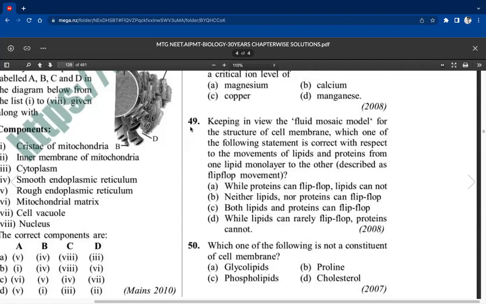Yes, sir. So some logic we can only understand through questions. If you find difficulty, just write down: the fluid mosaic model says that proteins can move or change position in a lipid bilayer, but cannot flip-flop.